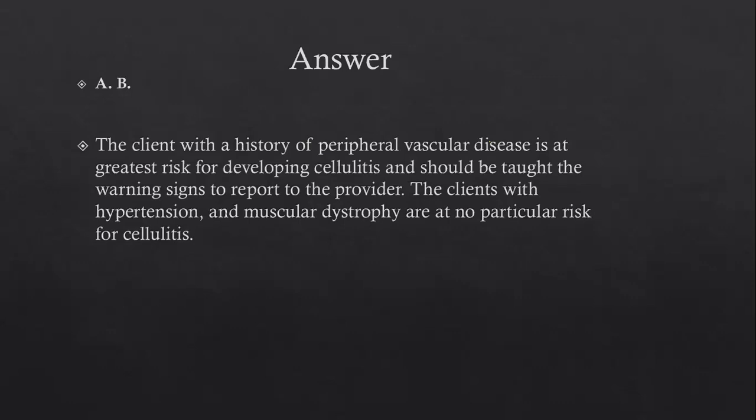And then the client with diabetes as well, and that can stem from having peripheral vascular disease. So the clients with hypertension and muscular dystrophy are at no particular risk. Just because you have high blood pressure or muscular dystrophy doesn't mean you're going to get cellulitis. It's mainly a circulation thing.